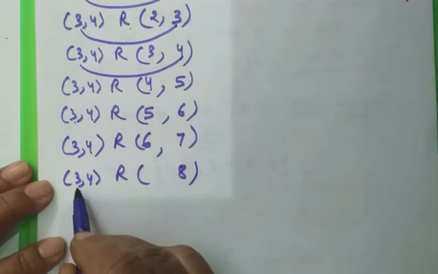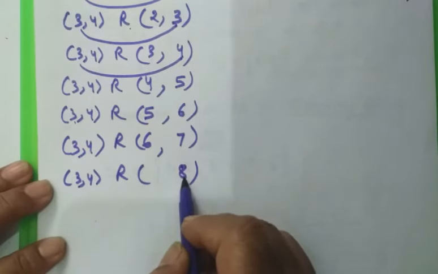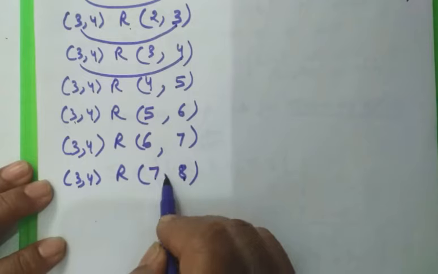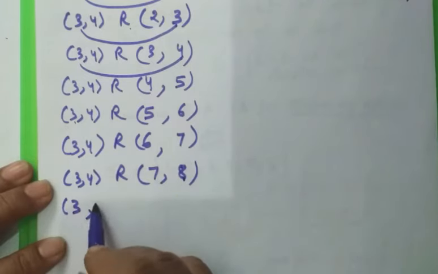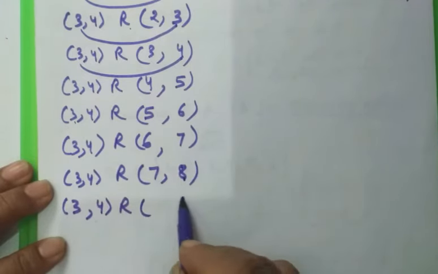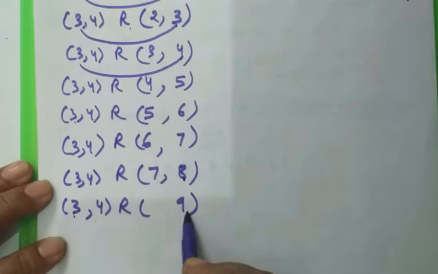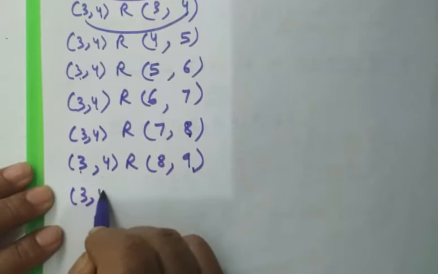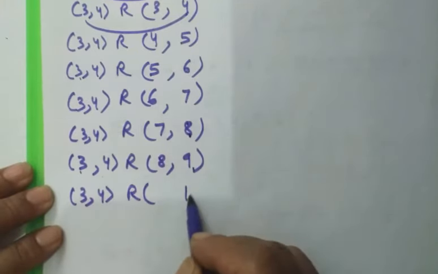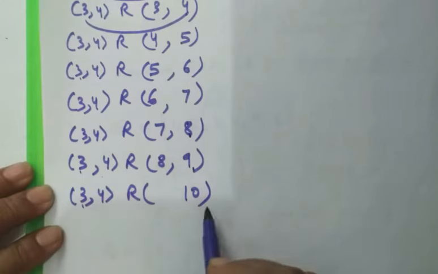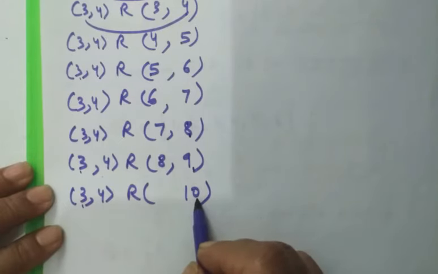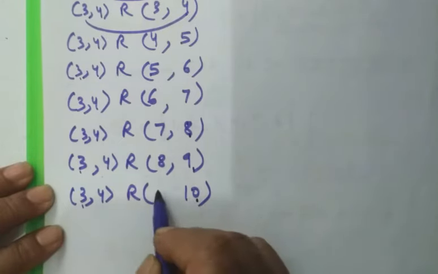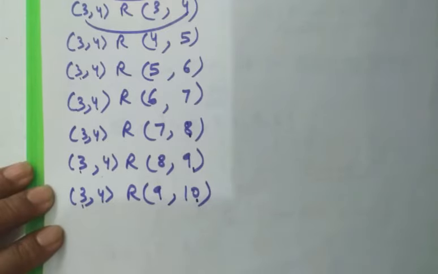Now 8, 3 plus 8 is 11, 4 plus 7 is 11. Now 9, 3 plus 9 is 12, 4 plus 8 is 12. Then if I write 10 here, 3 plus 10 is 13, and 4 plus 9 is 13.